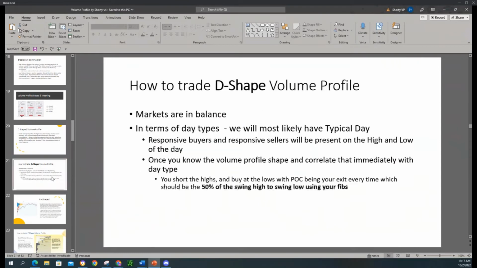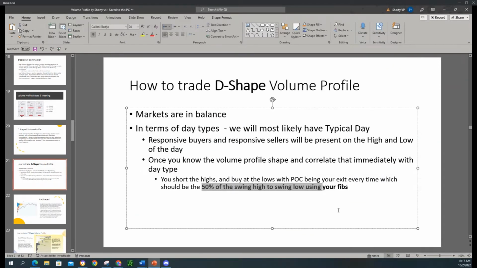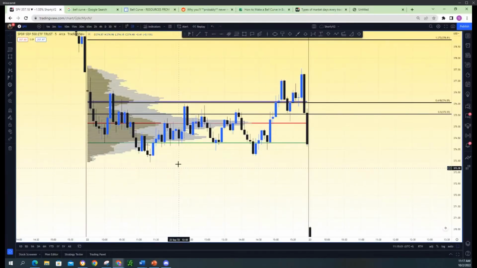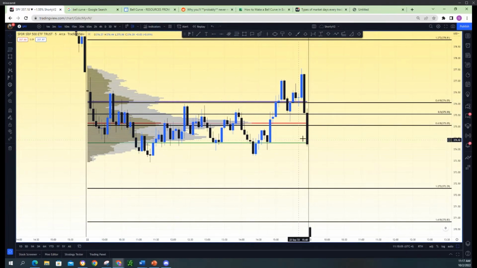Yep. So the D shape and how to trade it. This is what Catching Rockets was talking about, the 50%. So if you look at this, the 50% most times is going to be somewhere around here where you're trading that off.